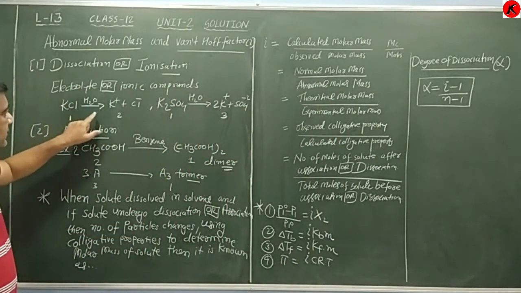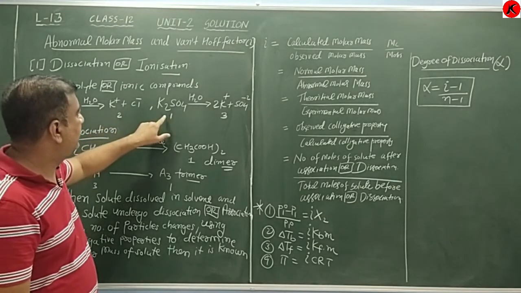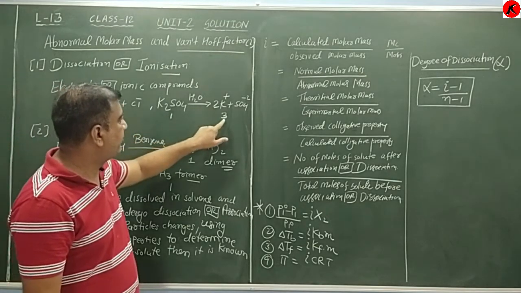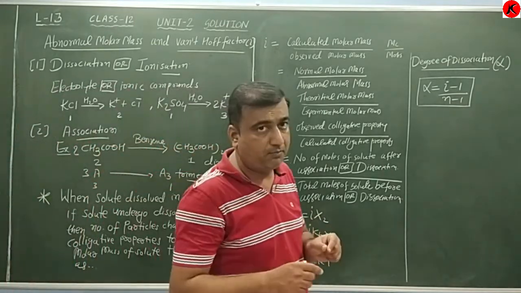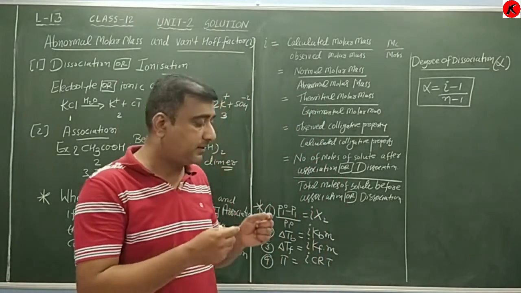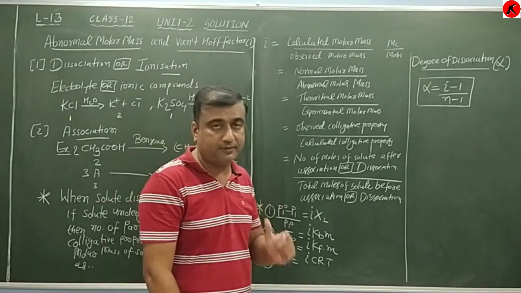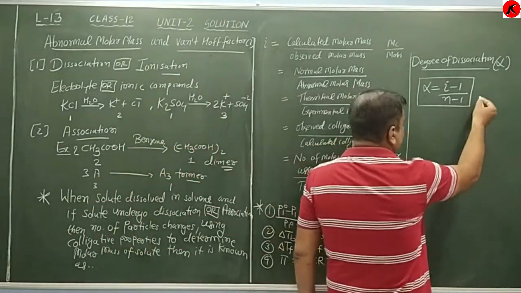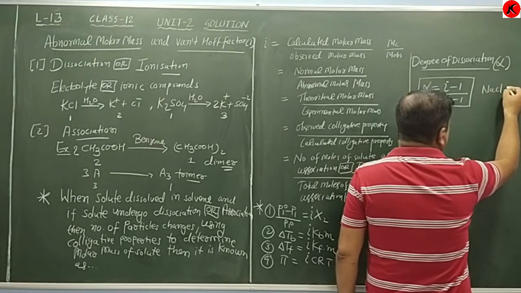In case of KCl, the value of n will be 2, and in case of K2SO4, n will be 3. For NaCl, n equal to 2.